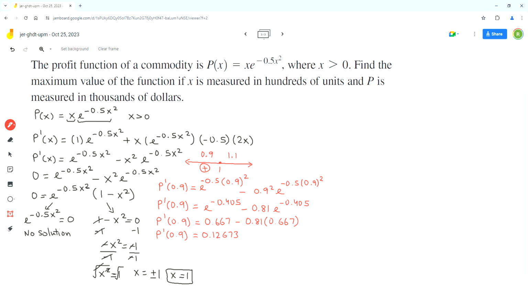Now we can find the value of the first derivative on the right side of x equals 1. So I'll sub in x as 1.1. Now we can simplify this expression.